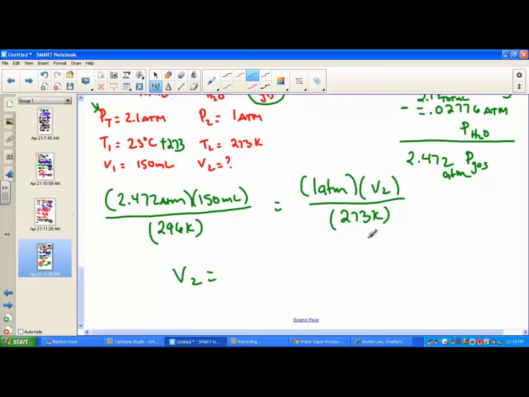So here we cross multiply the side without the variable first. Key sequence: 2.472. Let me clear my screen. 2.472 times 150 times 273 divided by parenthesis 1 times 296.